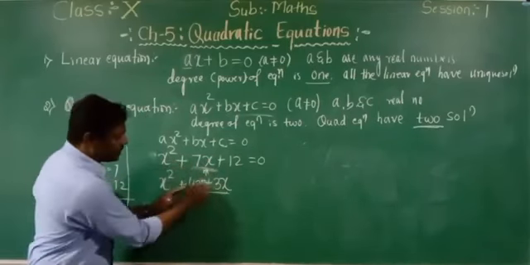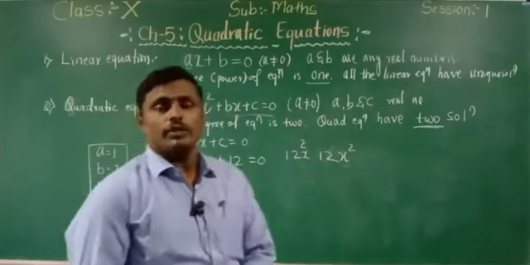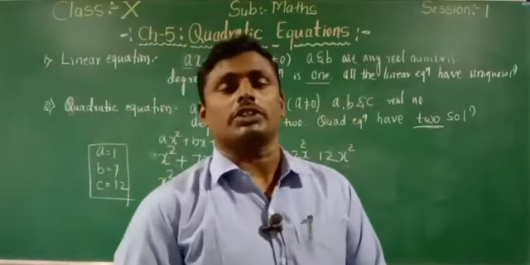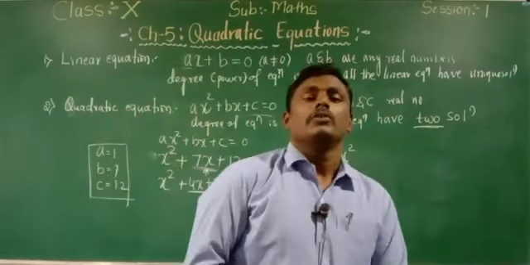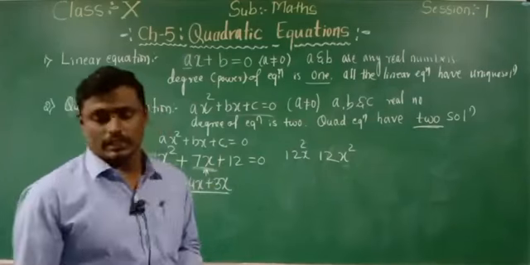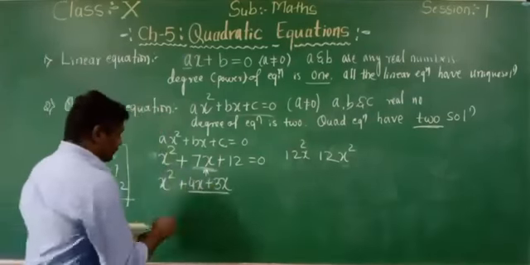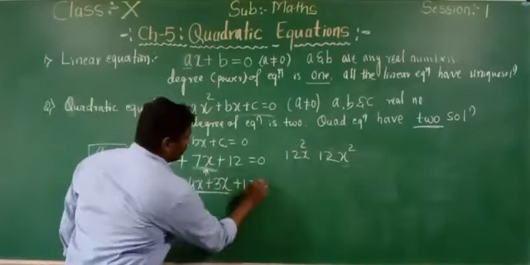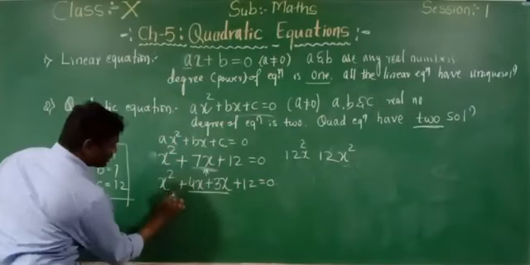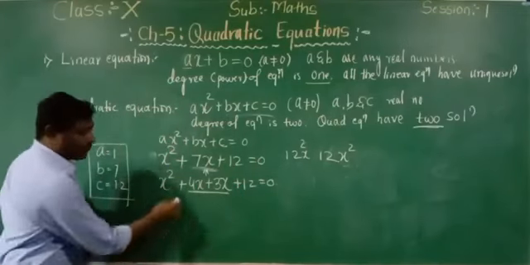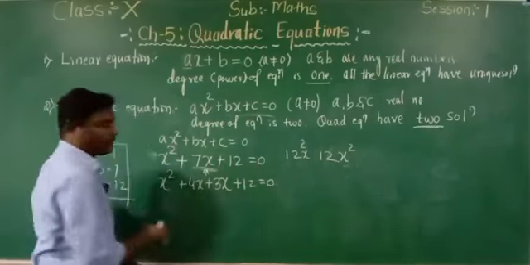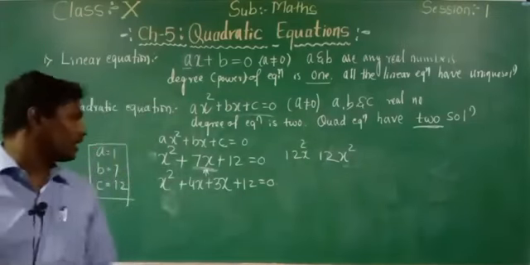So when we factorize any quadratic equation, we split the middle term into two terms. In that, the sum of the two terms is equal to the middle term, and the product of those terms is equal to the product of the first term and last term. Okay, plus 12 is equal to 0. Now in the first two terms, x square plus 4x, we take x as common.